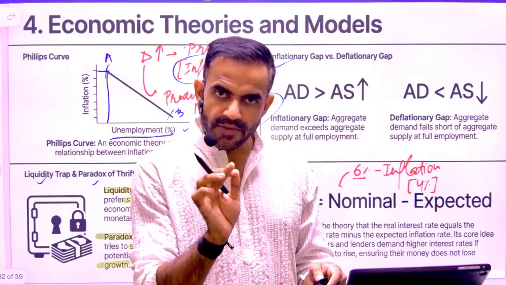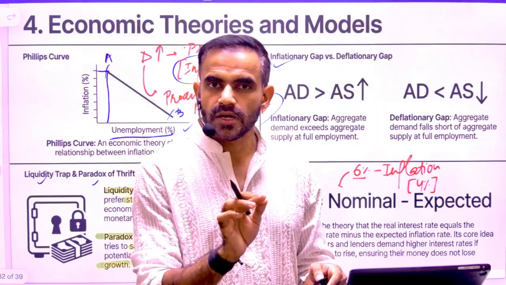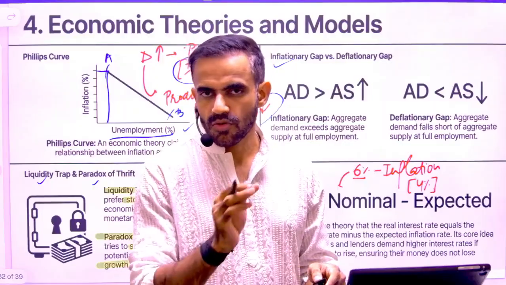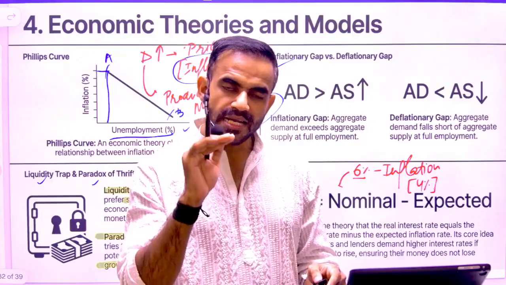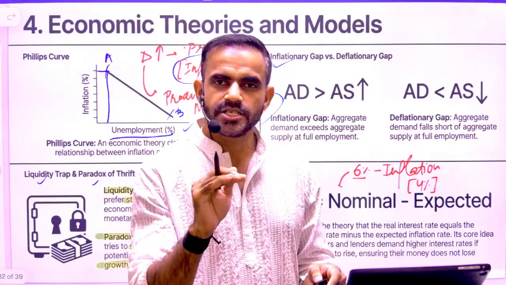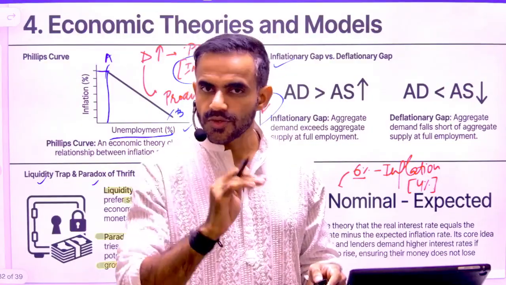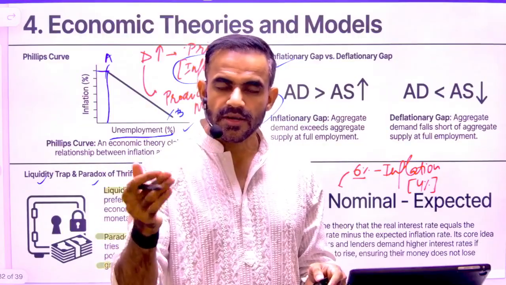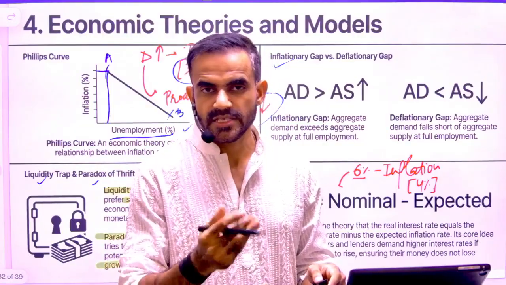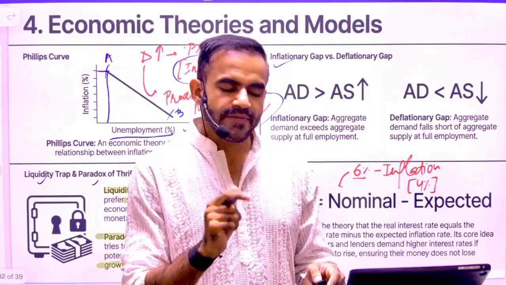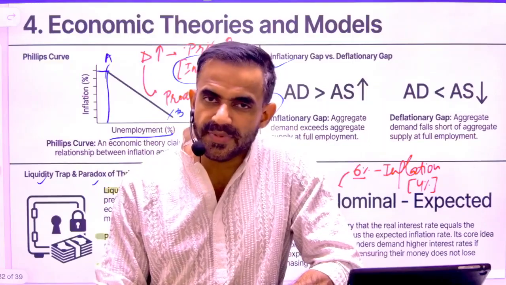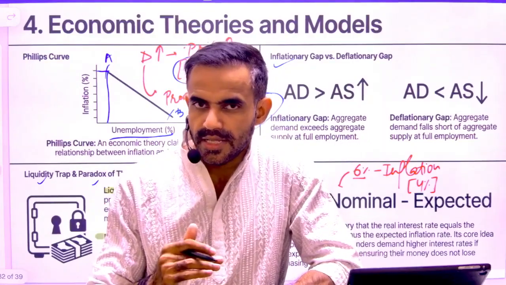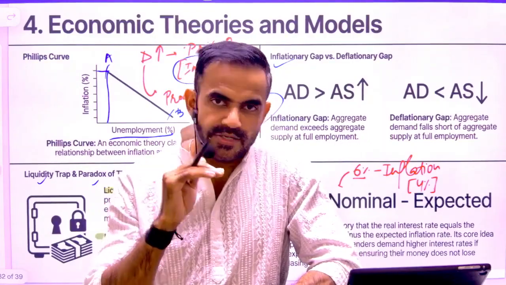Now will you give your money to someone at the interest rate of 8% or at the interest rate of 7%? No. Why would you? Because you know that if the inflation rate is going to be 8%, you need more than 8%. Then only you will be in a better position. Otherwise, you will be at a loss. So this principle says that if there is an expectation of high inflation, the lenders will increase the interest rate.